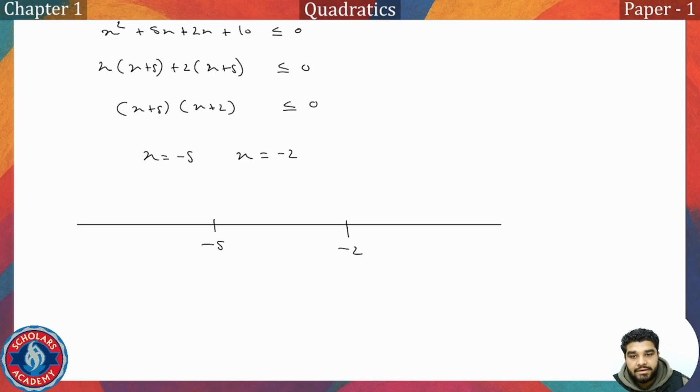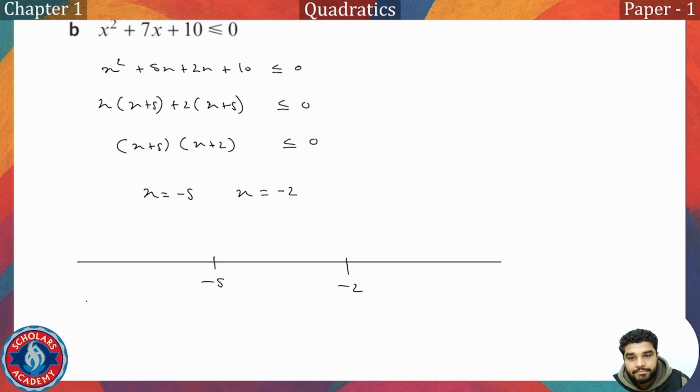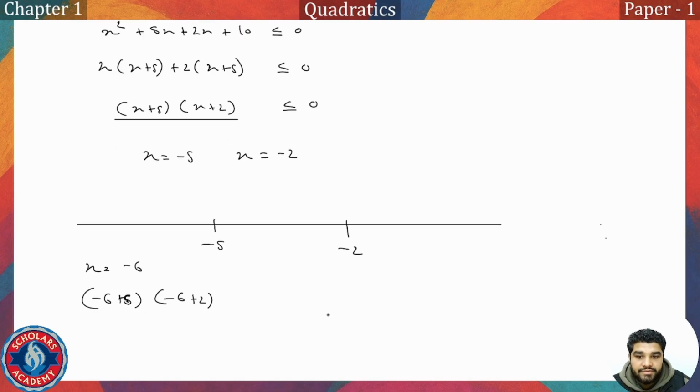When we take x is equal to negative 6, if I substitute it over here, what I get is negative 6 plus 5 and negative 6 plus 2. Both of these give us a negative value, so negative 1 and negative 4. The product is positive 4, which is greater than 0. So no, we'll not choose this interval.